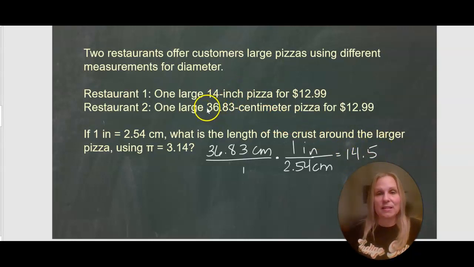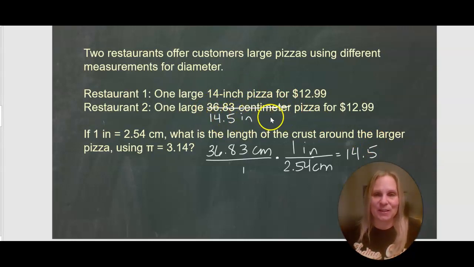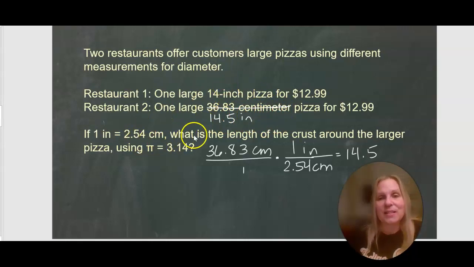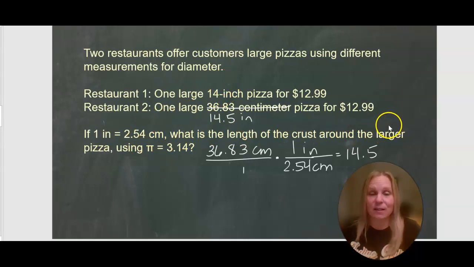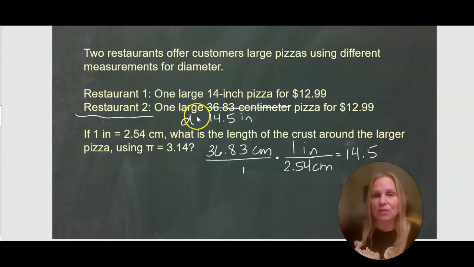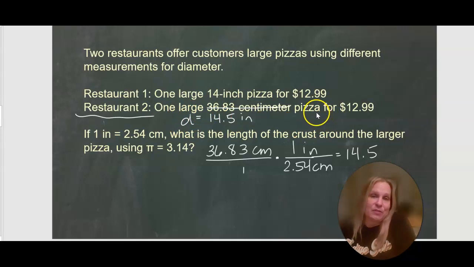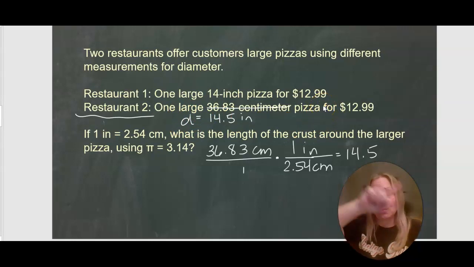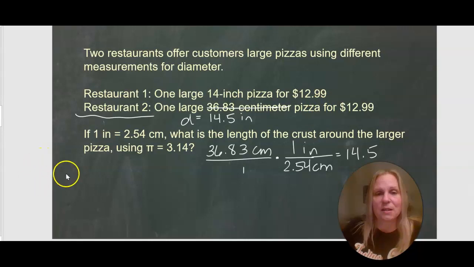So this is a 14.5 inch diameter pizza. Now it says, what is the length of the crust around the larger pizza? That means restaurant 2 has the larger pizza. The diameter is 14.5 inches, and I have to find the length of the crust, so the circumference of that pizza.